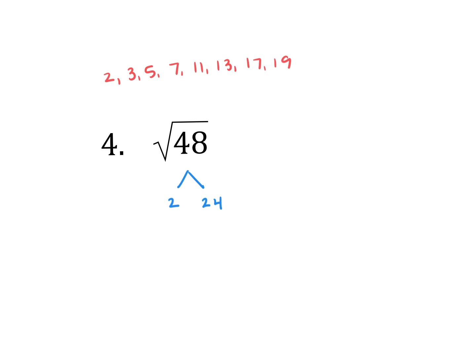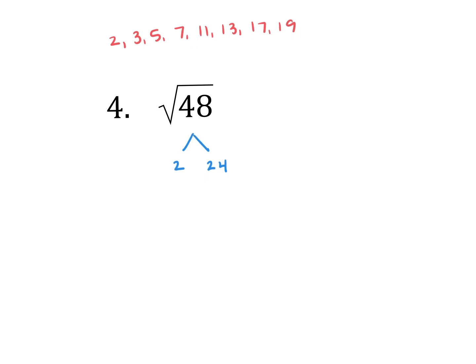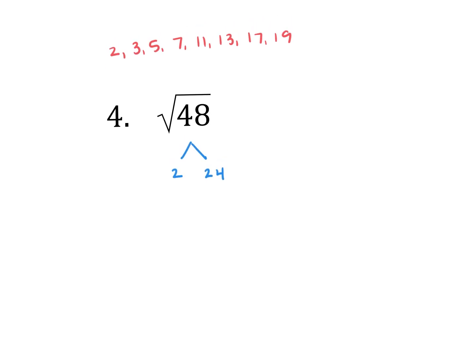Okay, 2 is a prime number, so we can't break that up anymore. So I'm going to leave that a 2, but 24 is not a prime number. It's an even number. So I know I can take another 2 out of it, and I know 2 times 12 equals 24.